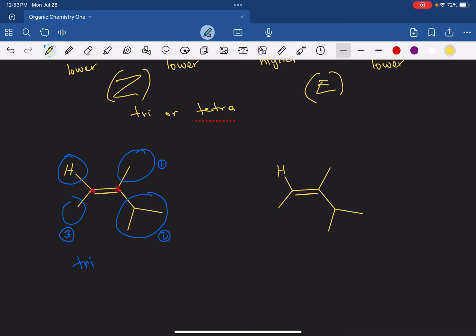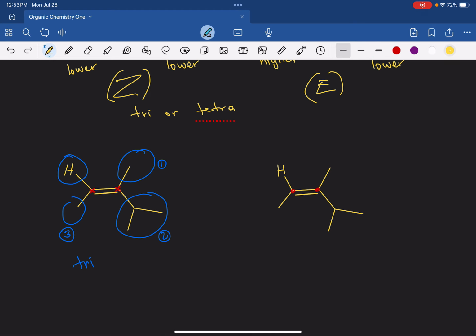Remember what I said. I'm going to just highlight these. To assign priority, please don't forget, you're comparing this group with this group. That's the first thing you're doing. You're assigning priority to the carbons that are singly bonded, but you're doing it on each side. So I'm going to compare this group to this group and figure out which one has the higher priority.